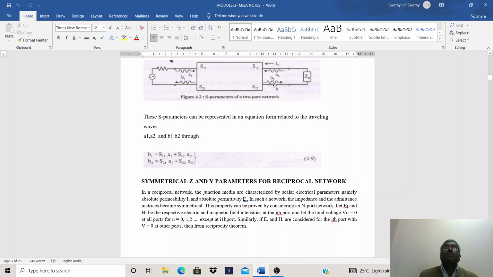Similarly, B2, the output parameter across the output port, is equal to S21 A1 plus S22 A2. So like this, you are going to represent these S parameters.